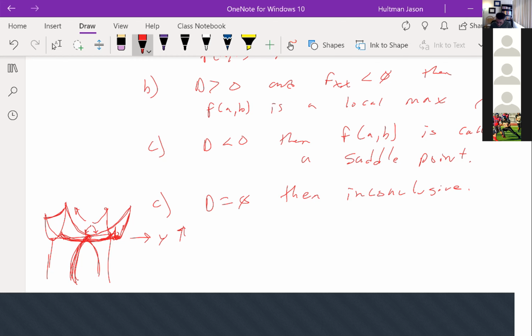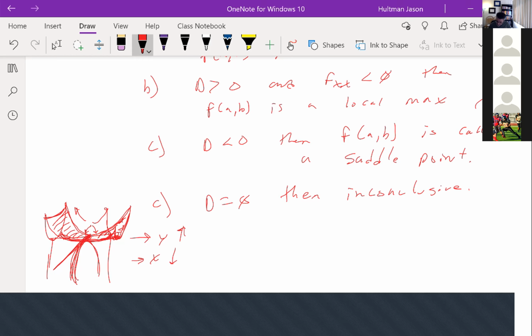If I travel in the y direction here, I go up along this surface. If I travel in the x direction, however, I go down. And so if D is less than 0, then it's a saddle point. This means that the partial in x and y together is bigger than the partials XX and YY. Taking the partial on x with the partial on y is a bigger value than taking them individually, XX and YY.